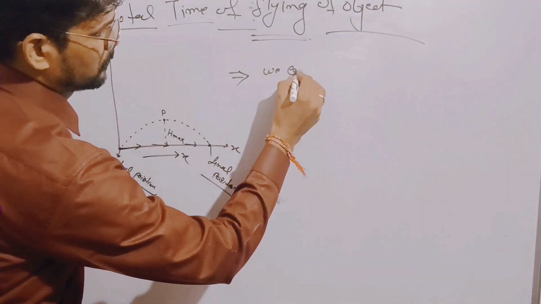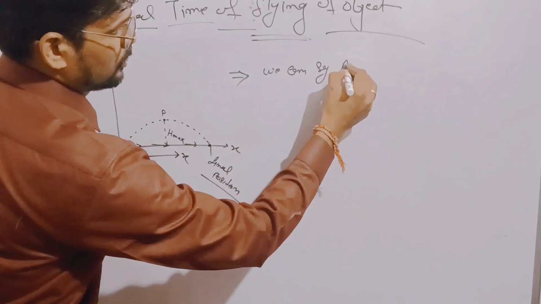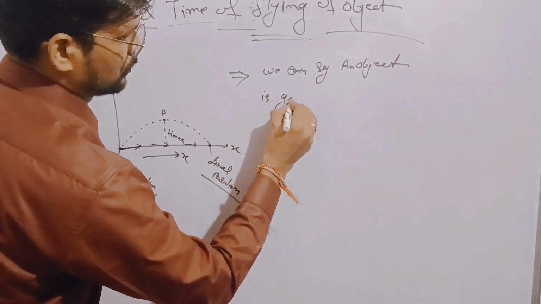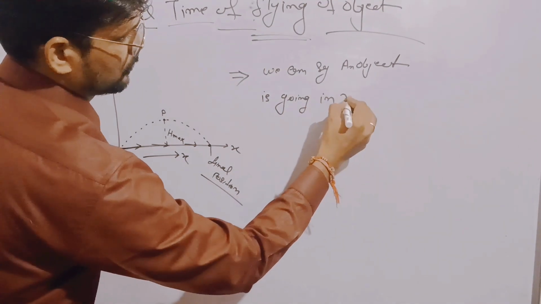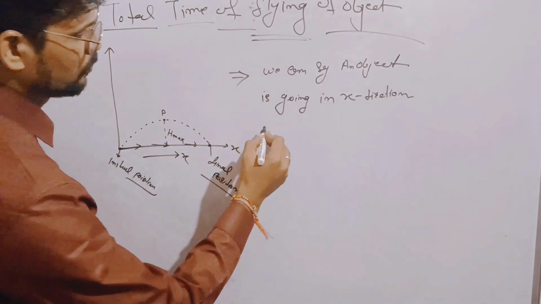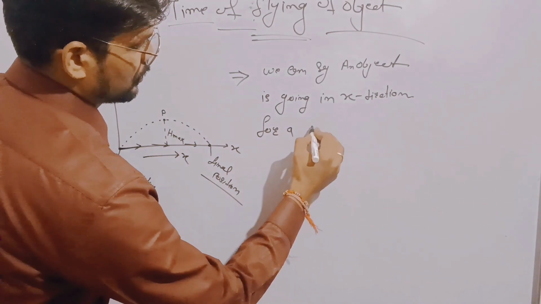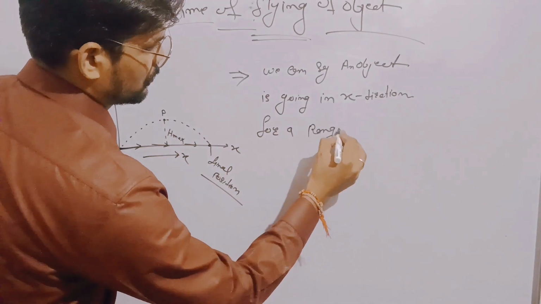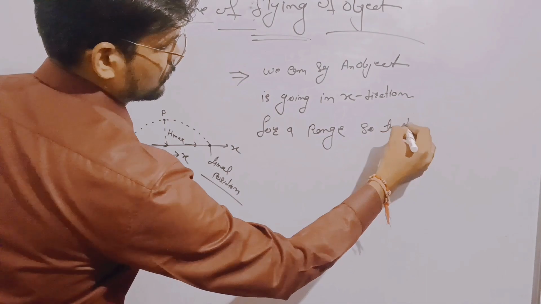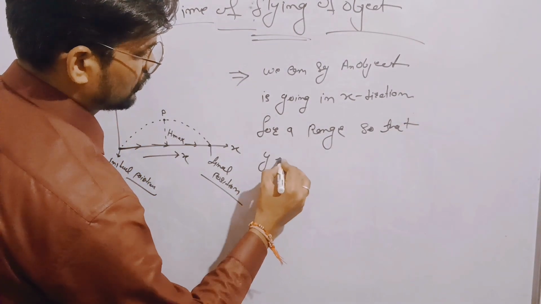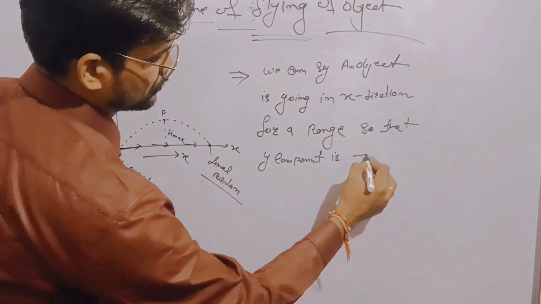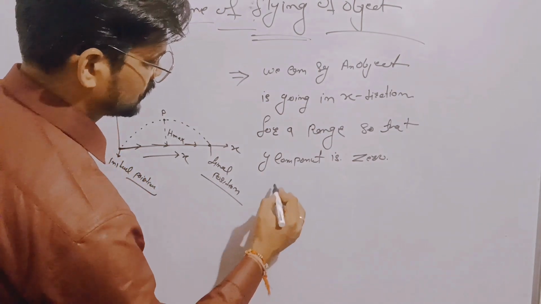So we can say an object is going in the x direction for a range, from the initial position to the final position, so the y component is 0.